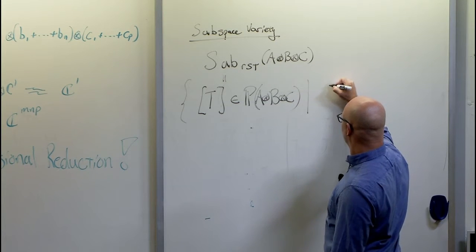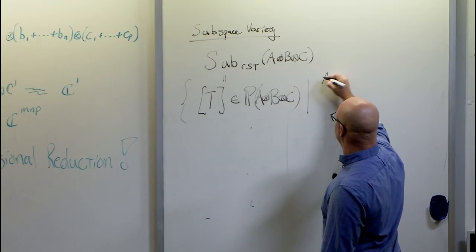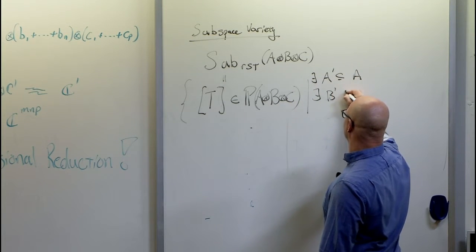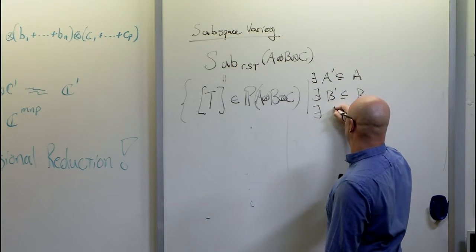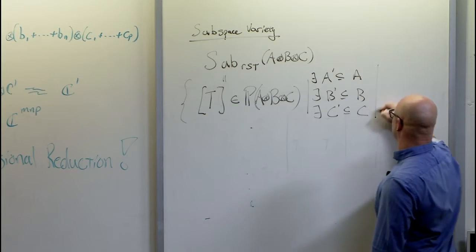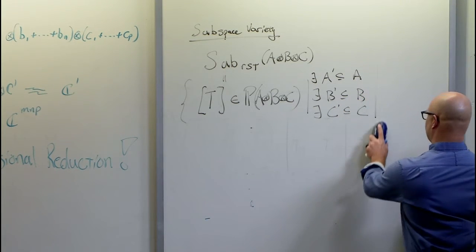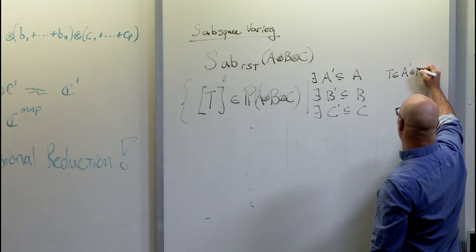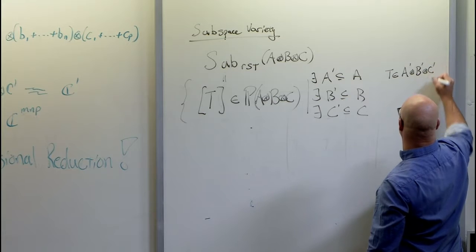I need there to be a subspace in each direction, and T actually lives in the tensor product of the subspaces.